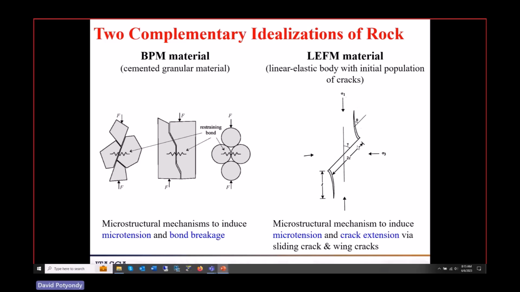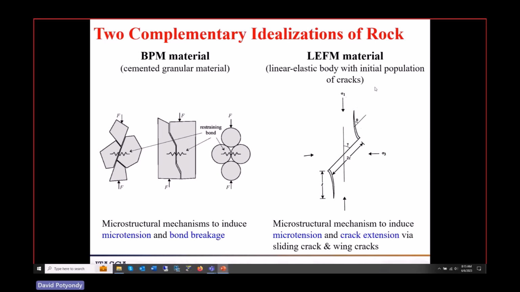And if you have a concept of fracture toughness, then you can say I squeeze this and then notice I'm getting this extension of these cracks. Okay, so the fact that the cracks are oriented relative to sigma 1 gives you microtension in such a system, and it gives you crack extension because you get what they call sliding cracks.